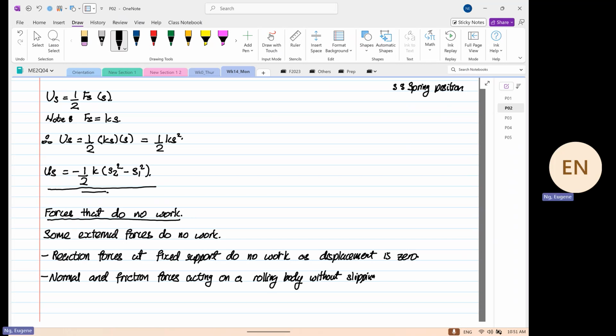Now over here, the emphasis is on without slipping. For this case, the work done is also 0. Without slipping, let me highlight this.